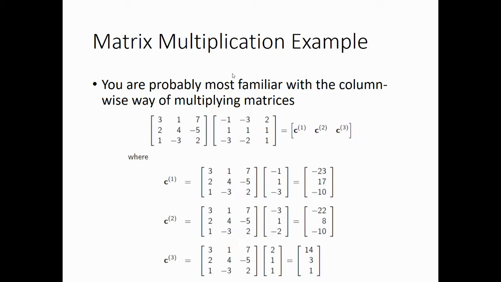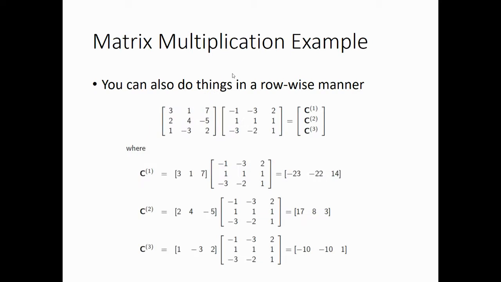That would give us minus 20, minus 23, and then we would do the same thing for the second row and the first column. Same thing for the third row in A and the first column in B. And then we can compose C1, C2, and C3 together. So that's the column-wise way. You can also do this in a row-wise manner if you're interested in doing that.